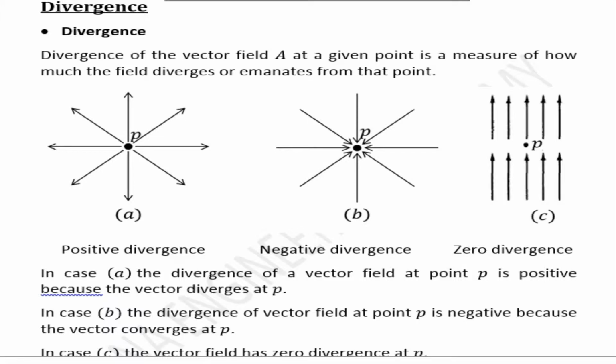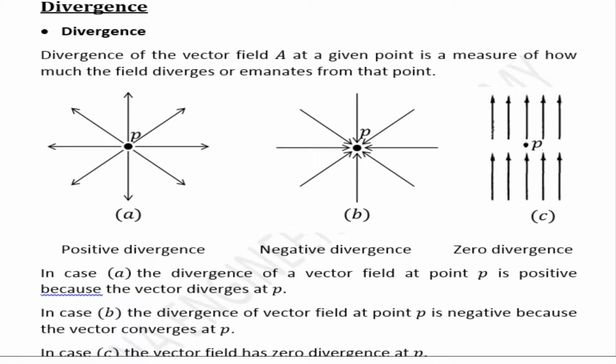Divergence of a vector field at a given point is actually a measure of how much the field diverges or emanates from that point. Emanates means spread out from that particular point. So we have three cases of divergence, that is positive divergence, negative divergence and zero divergence.